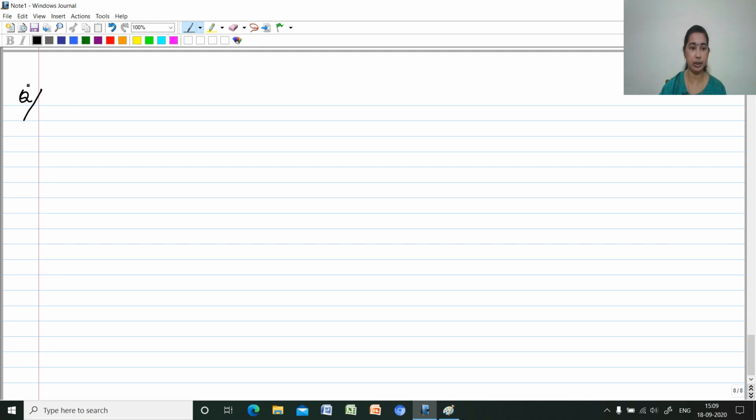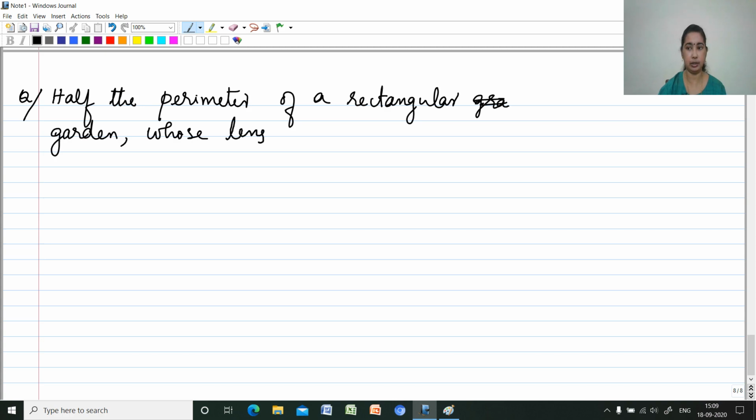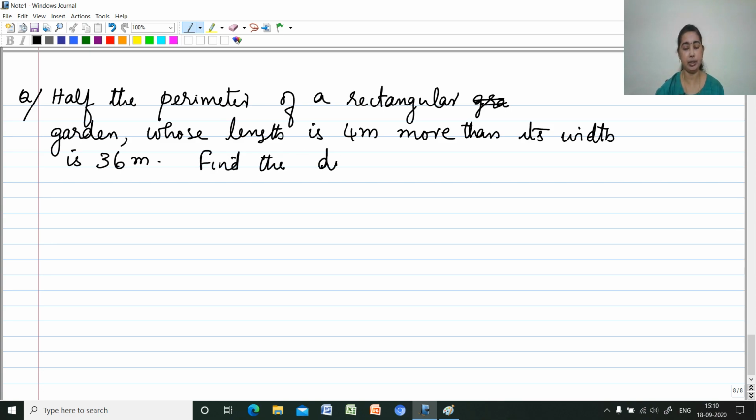Half the perimeter of a rectangular garden whose length is 4 meter more than its width is 36 meter. Find the dimensions of the garden.